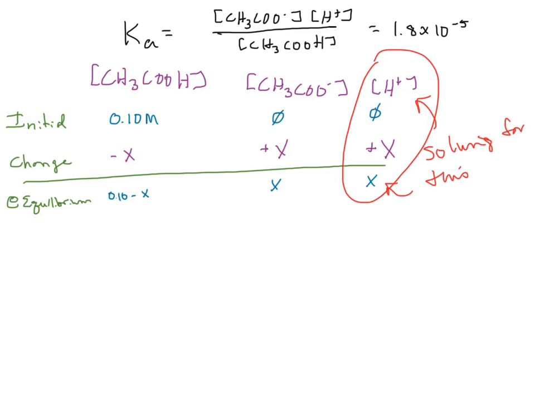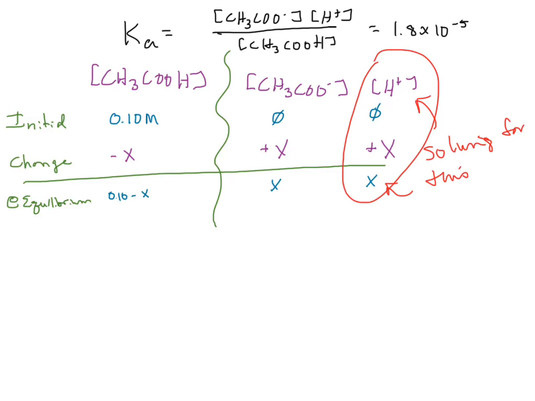So in this case, we're going to have to go with the whole x thing, and the stoichiometry is 1 to 1 to 1. You can see that in your Ka equilibrium. So we have minus x for our weak acid, and plus x for the other two things on the product side, the CH3COO minus and the H plus.